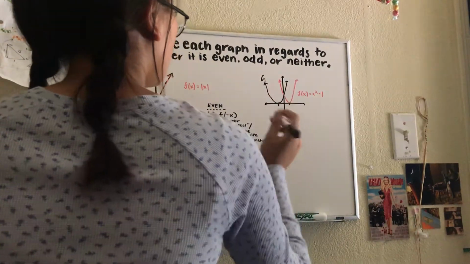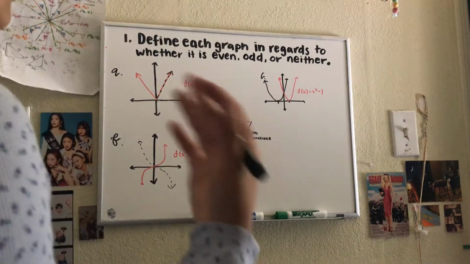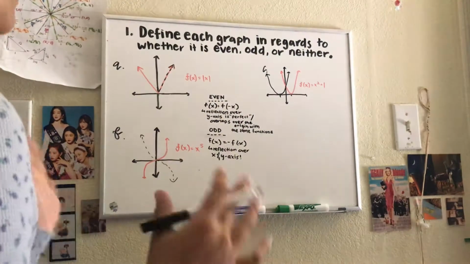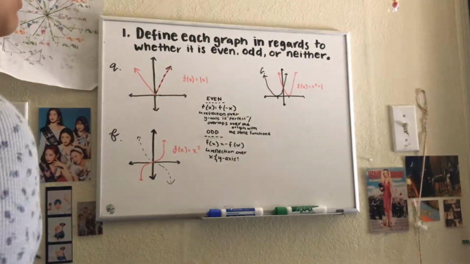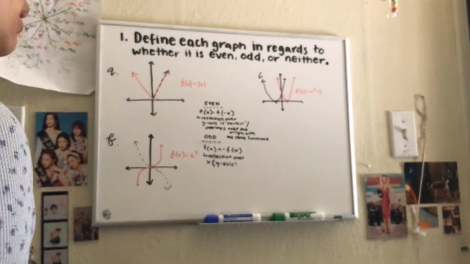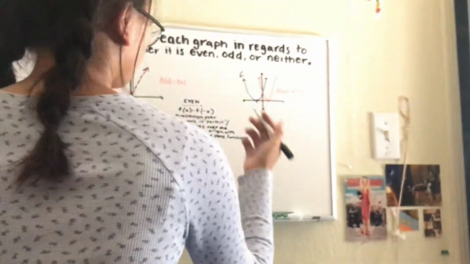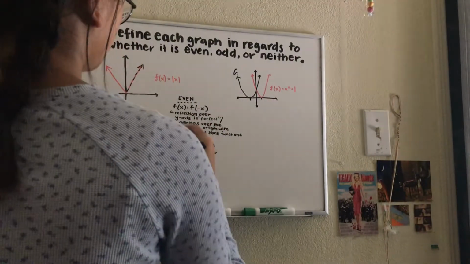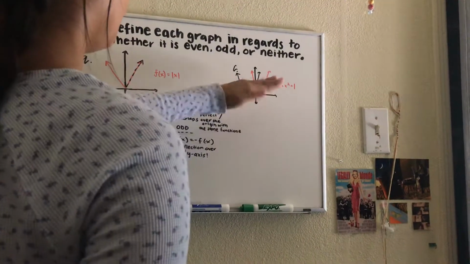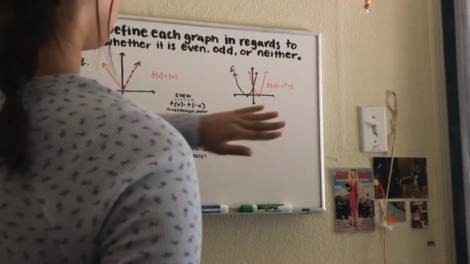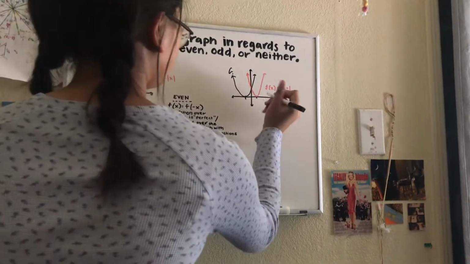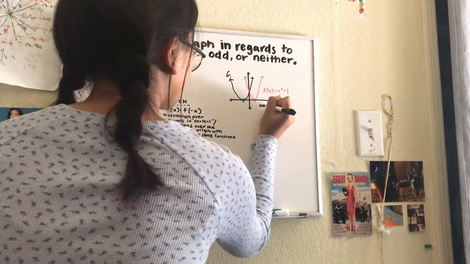And clearly, that is not the same graph as f of x equals x squared plus 1. So this is neither an odd nor even function, because if we were to reflect it over the x-axis as well, it would not work either. So this is a neither function.